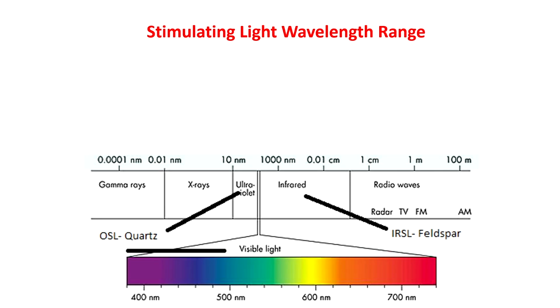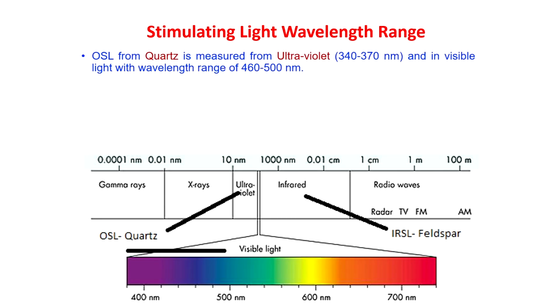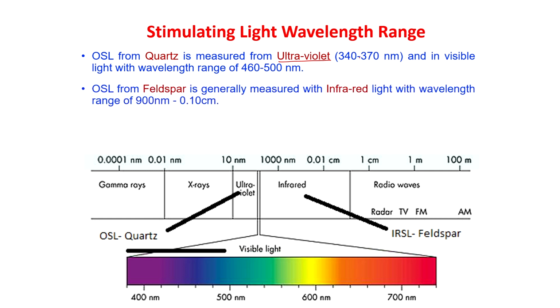The wavelength is important for us because for quartz we mostly use ultraviolet and visible light, with a wavelength of around 460 to 500 nanometers. For feldspar we use infrared light, with a wavelength from 900 nanometers to 0.1 centimeter. So, the wavelength is pretty high here.